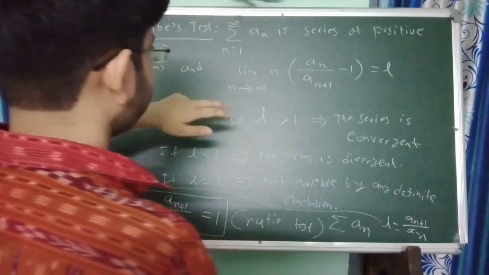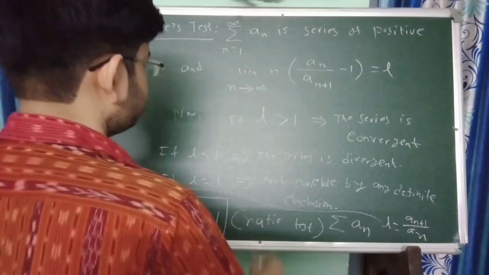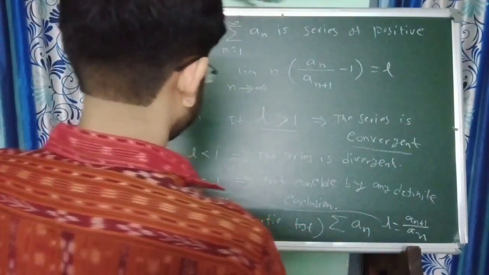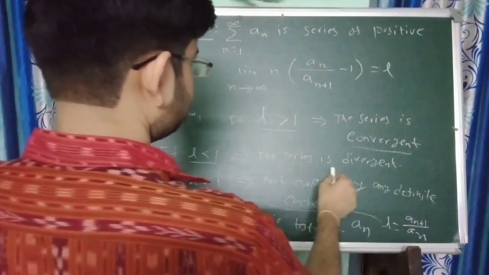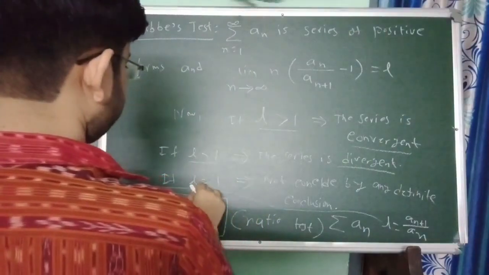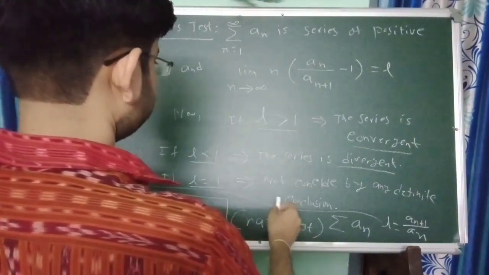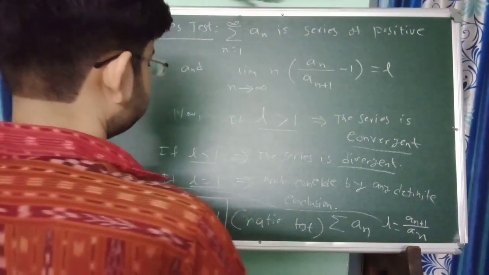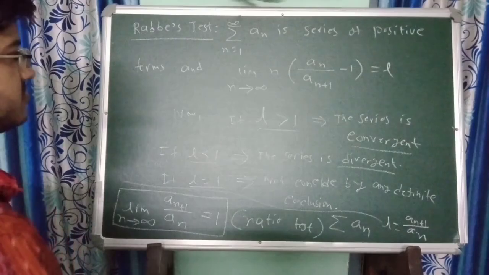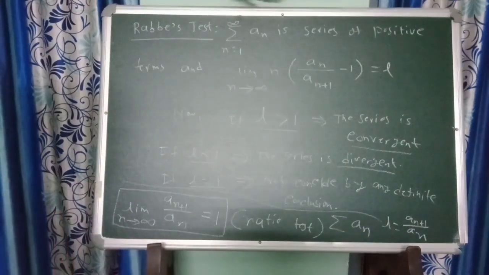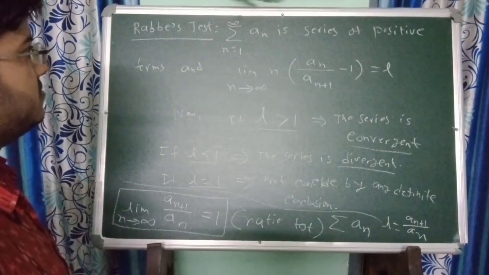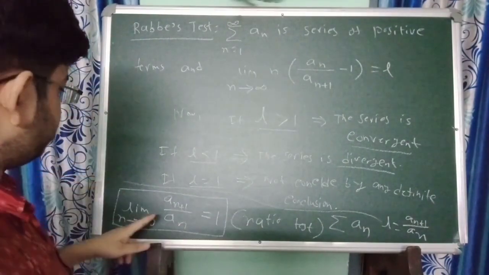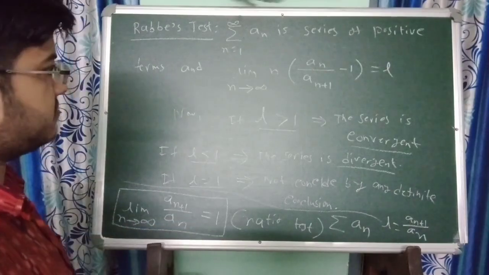When L is greater than 1, then the series is convergent. When L is less than 1, the series is divergent, and when L equals to 1, then also the test fails. That is, we cannot reach any definite conclusion from Raabe's test. Now we use this Raabe's test in some problems when the ratio test fails.